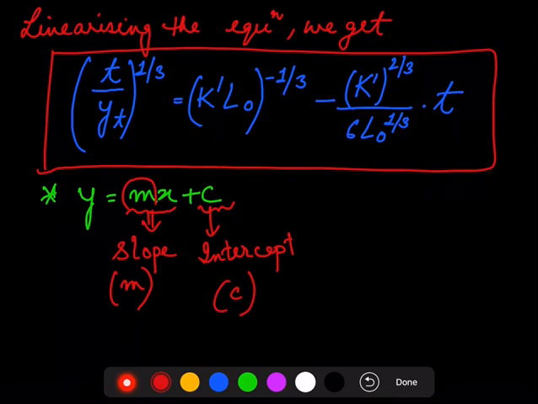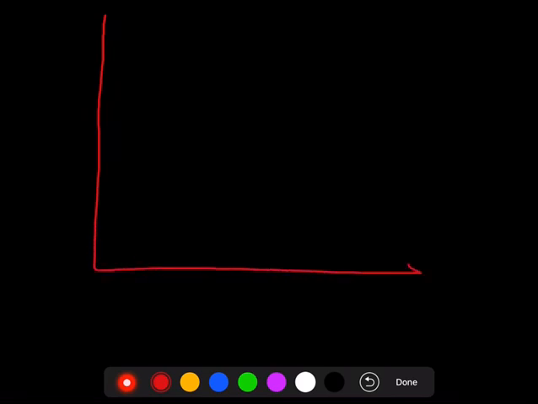So how to plot? If this graph is being plotted, in the x-axis you have time, that is t, in days. Always time in days, in the concept of BOD.